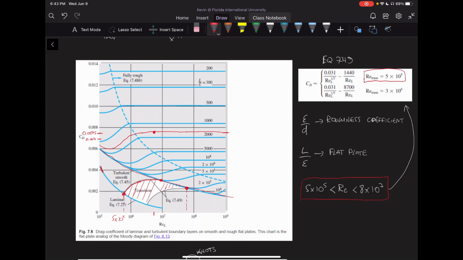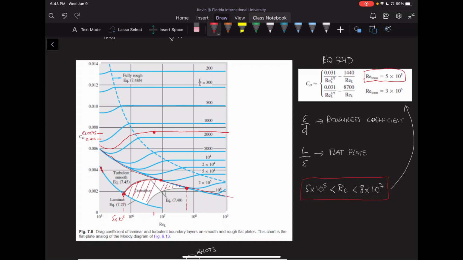You could have also guessed CD within the transition region, or on the smooth flat plate region, but you would have gotten a result that might have been a little bit different from the chart. You don't have a specific line to follow since the transition region is sort of an area. And then in part B, because the plate was rough, it made it a lot easier to solve.